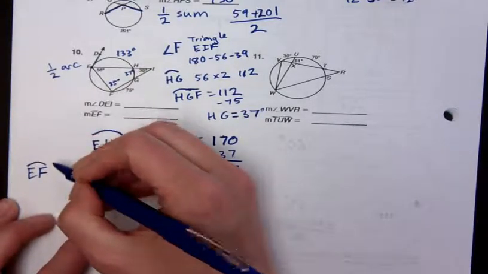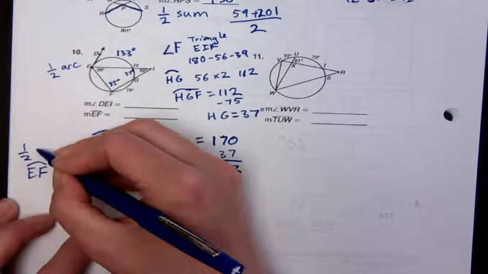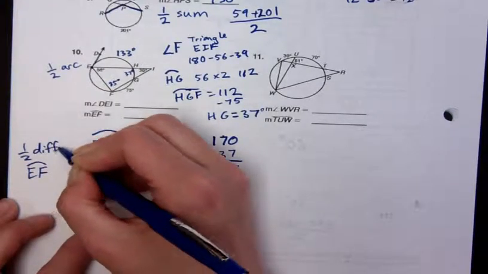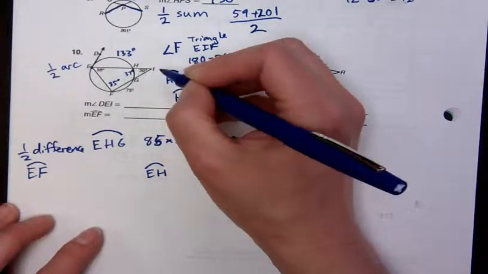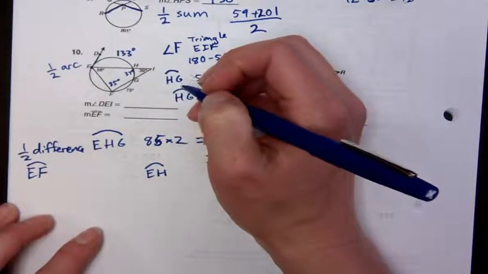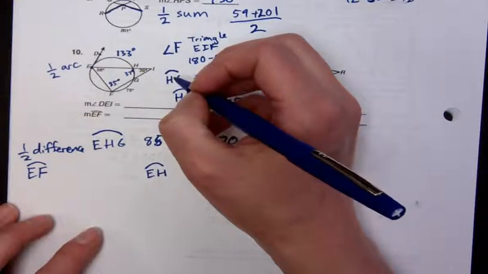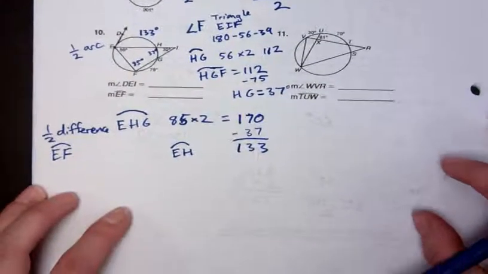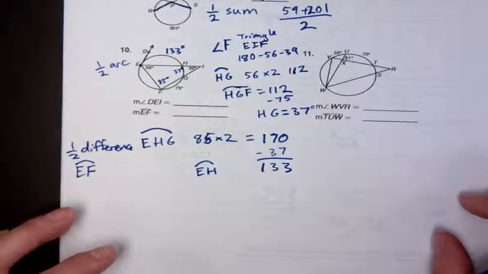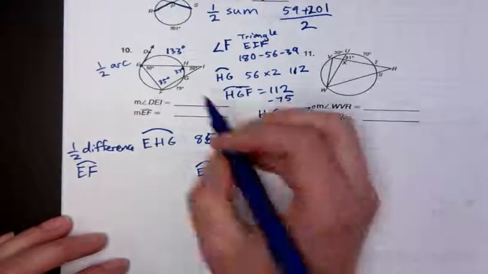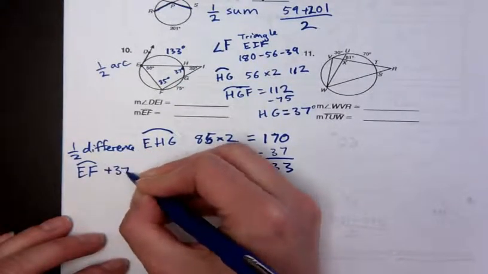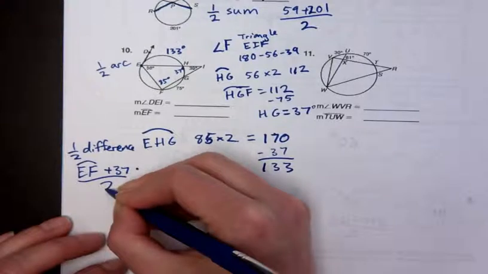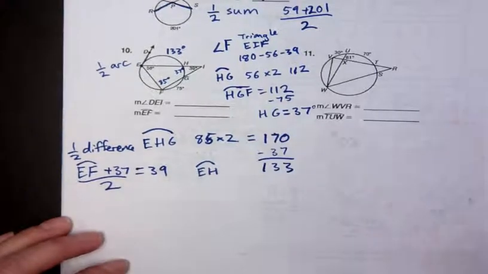Our rule is half the difference because the vertex is behind the circle. And so that's going to be a little complicated one. What did you say? Yeah, so what we'd have to do, so that would be EF plus 37 divided by 2 equals 39.